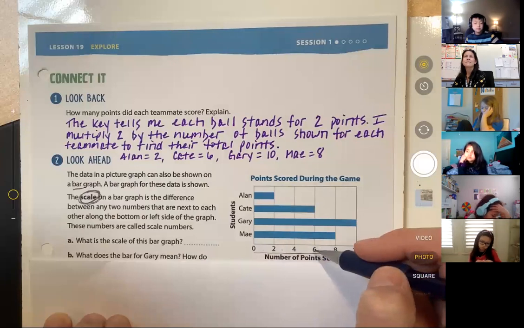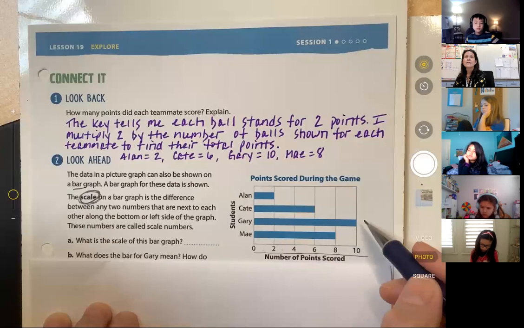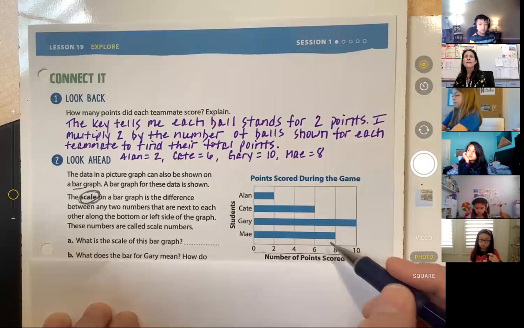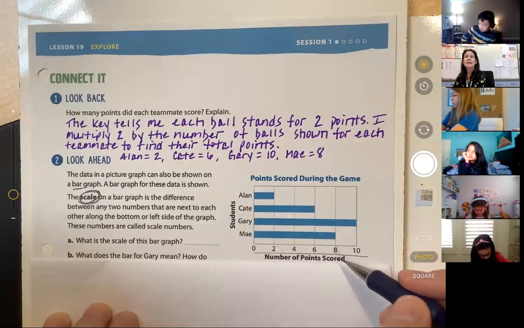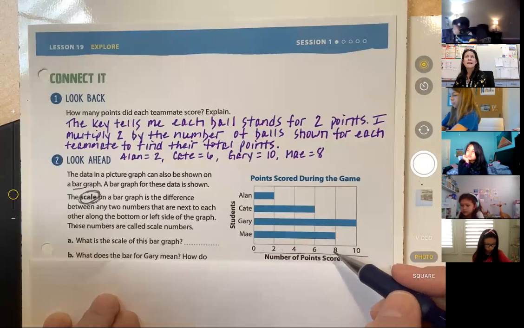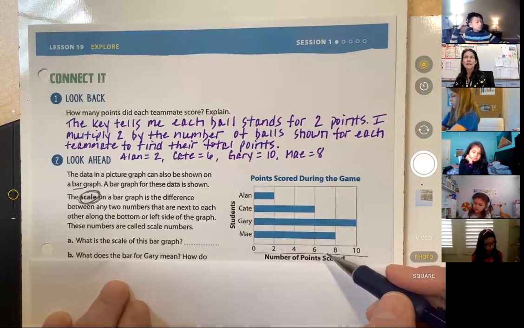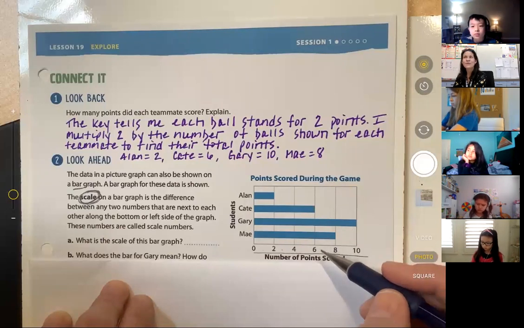Okay? And you can see Gary had 5 basketballs, which was 10 points. You can see on the scale, 10 points. We determined that May scored 8 points, and here on the scale, you can see again, 8 points. So friends, the big idea here is that this data, the same data, is being represented in a slightly different way. But the interpretation or the reading of the data is the same. But instead of basketballs, now we're using bars.